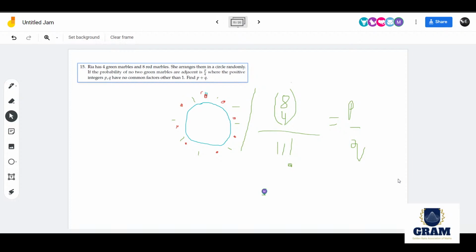So what's 8 choose 4? Have you marked up the value or something?